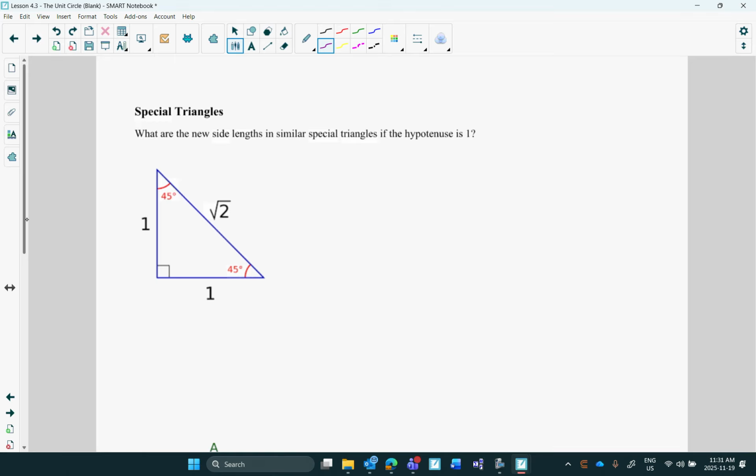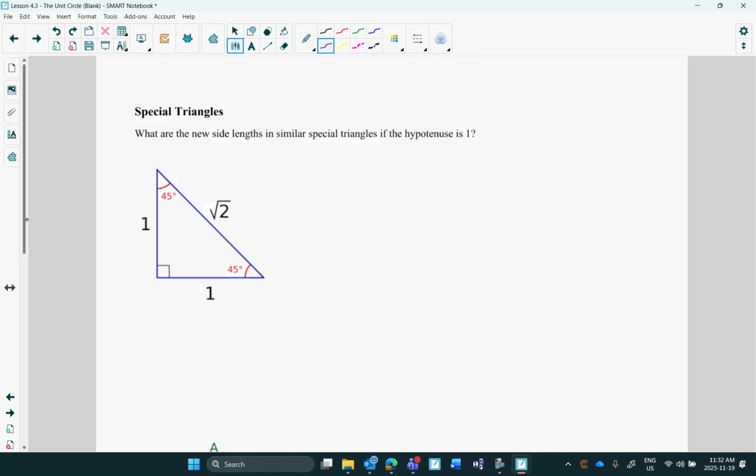Here is a triangle. 45 is a very common angle we use. Here's how you would make a 45, 45, 90-degree triangle, and these would be correct measurements. Remember, 45 and 45, not only is it a right triangle, it's isosceles. Two sides are the same.